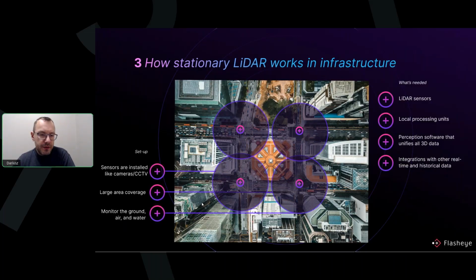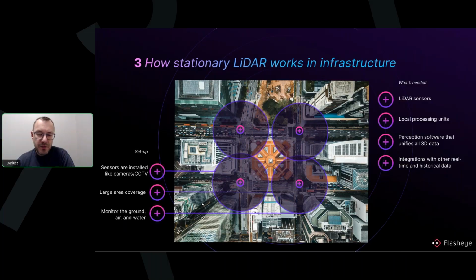And once you have this hardware setup, what is needed is the LiDAR sensors, and also all the processing. The idea we are bringing to you is to have local processing units.